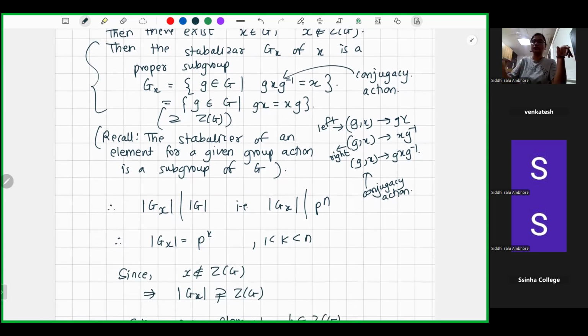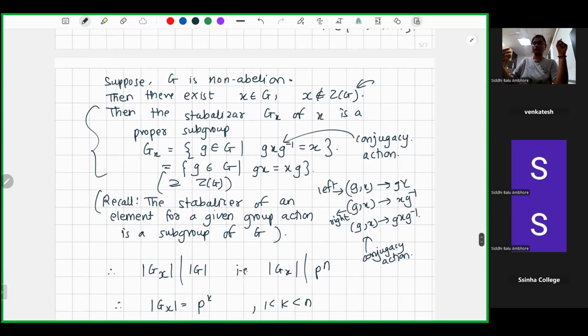But since this is a group that will definitely have extra elements than the center of the group, because that's how we chose this x here.